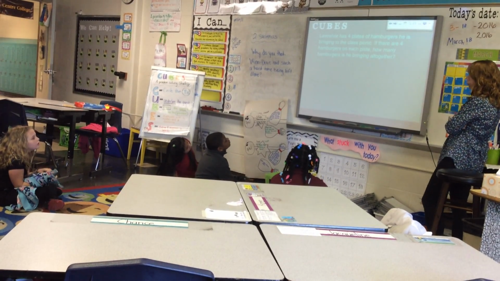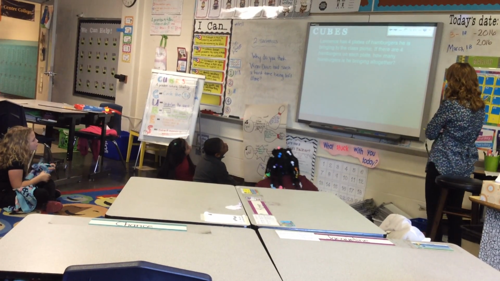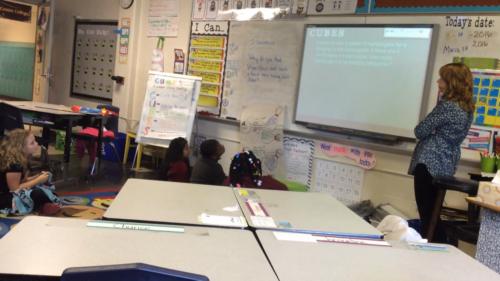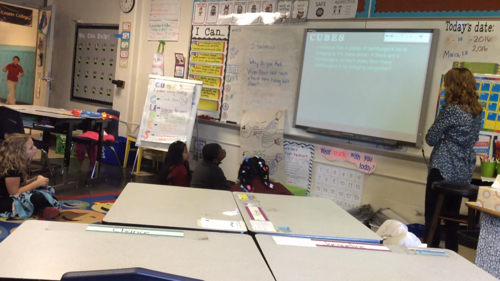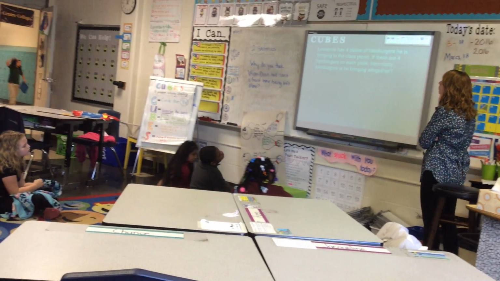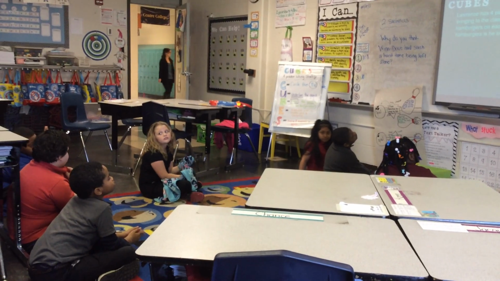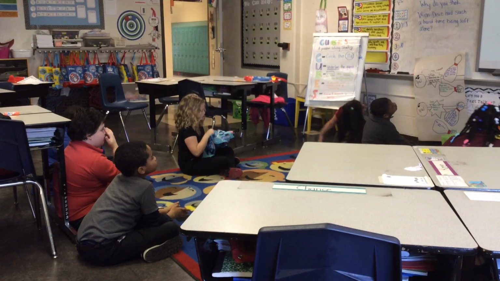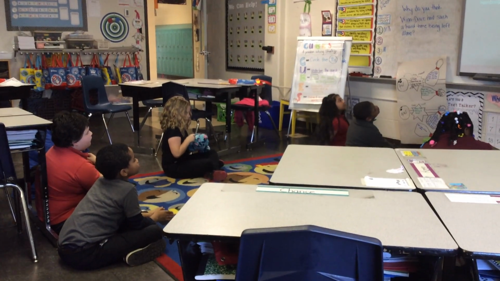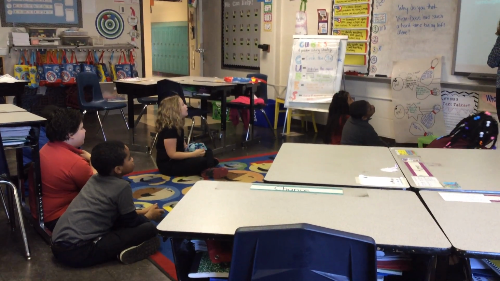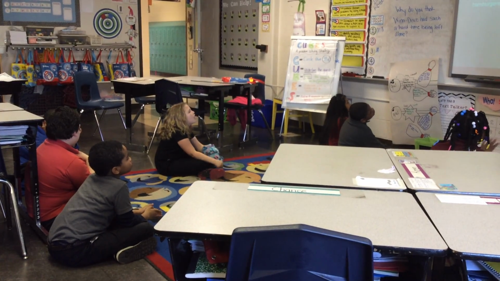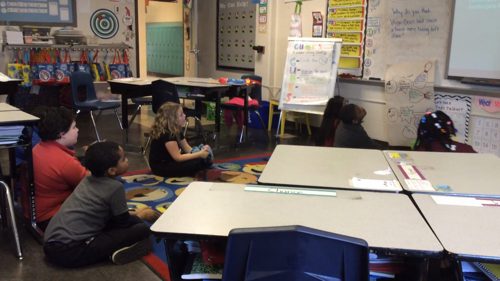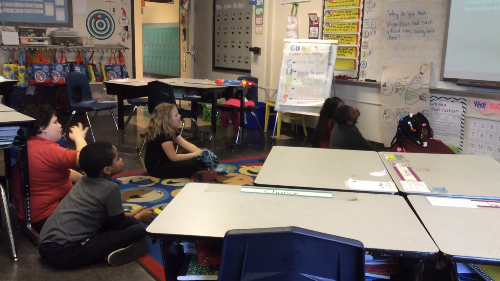If there are 4 hamburgers on each plate, circle the 4 there to remind you that's what that number means.